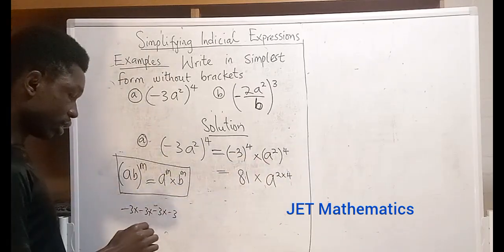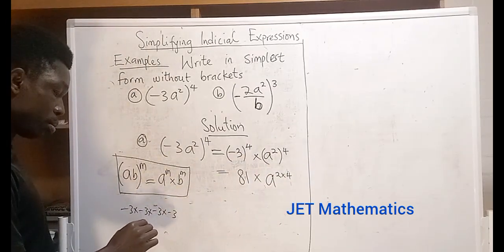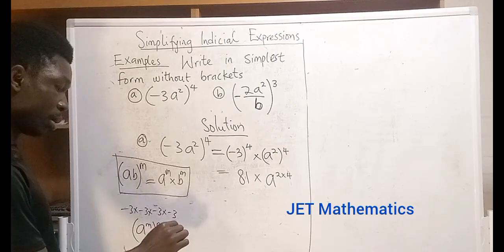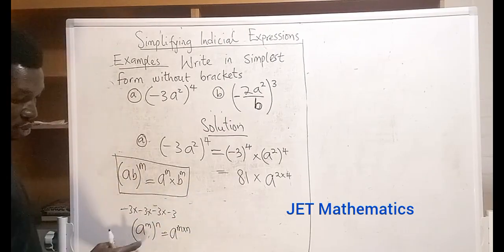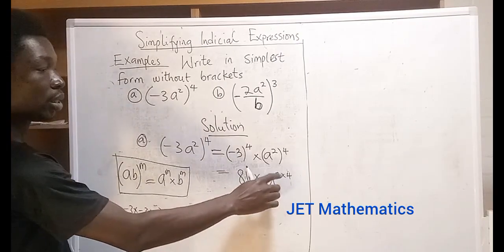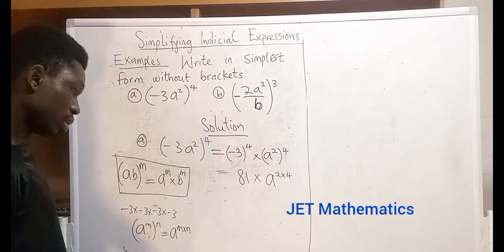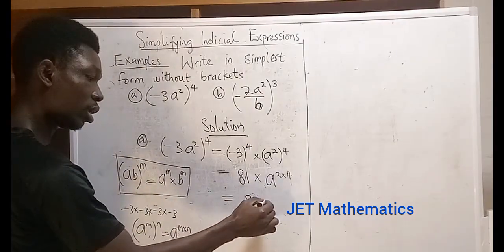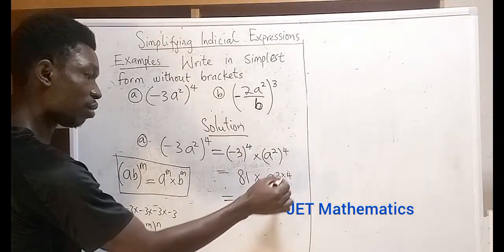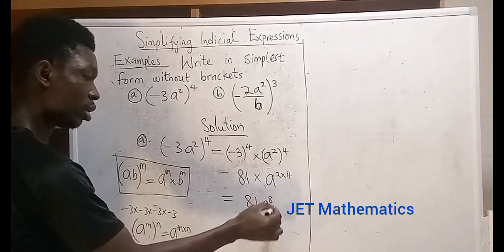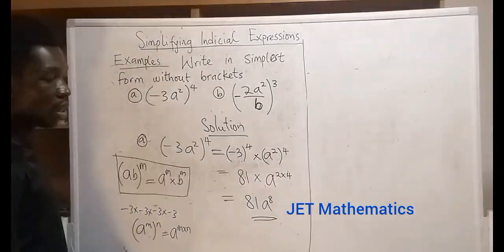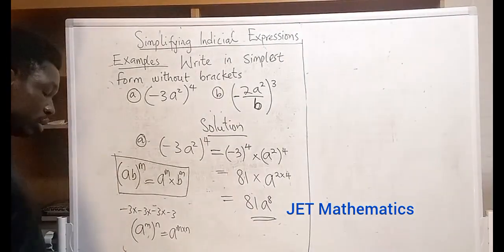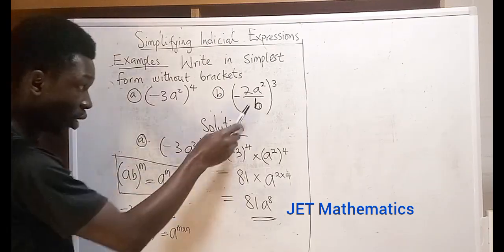We're applying the law that says (a^m)^n is equal to a^(m times n). So this is the law we are applying here. So this gives me 81a, and 2 times 4 is 8, so 81a^8. That's the simple answer to this question.